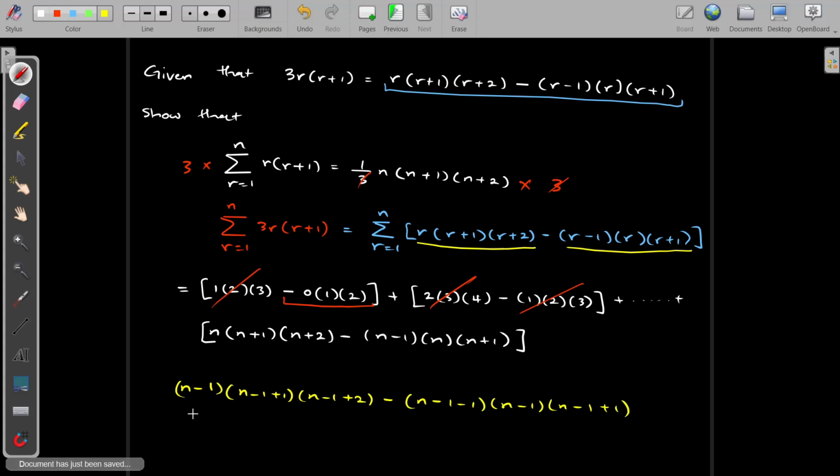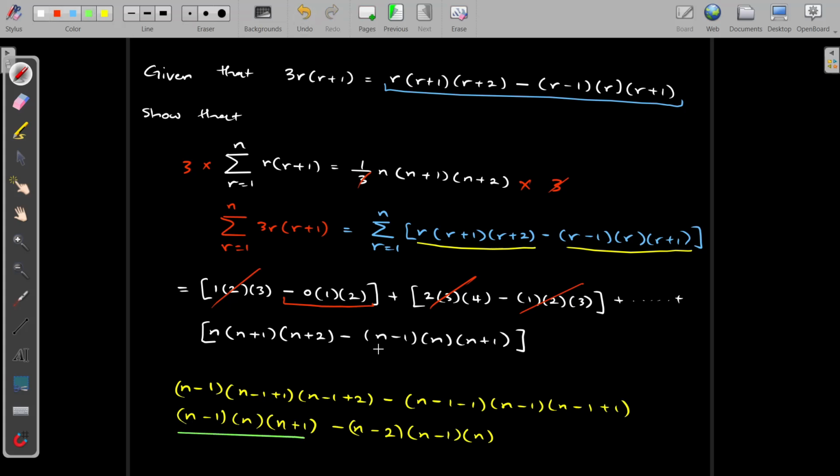So that's going to give us n minus 1 times n times n plus 1 minus n minus 2 times n minus 1 times n. So you realize that this term here, I'll use a different color to highlight it, would have been cancelled out by that one, right?